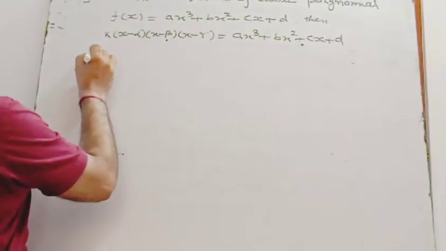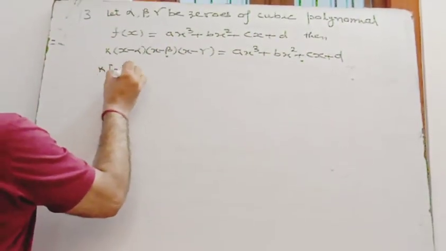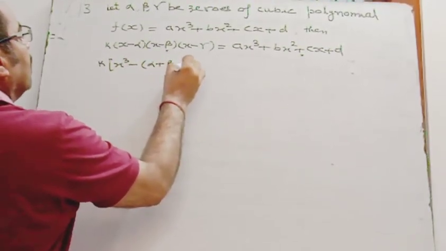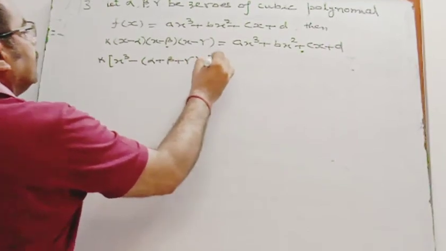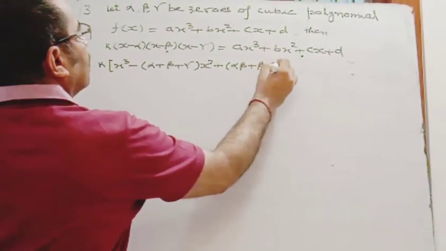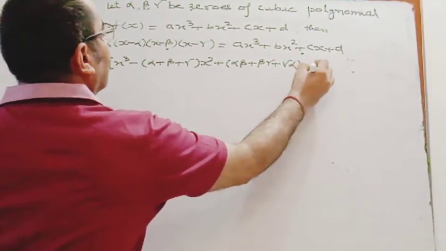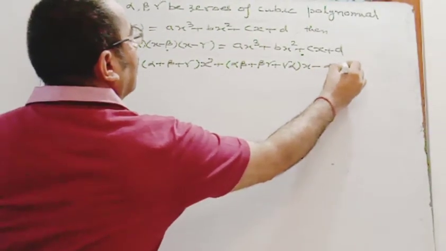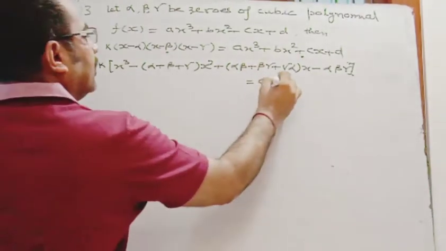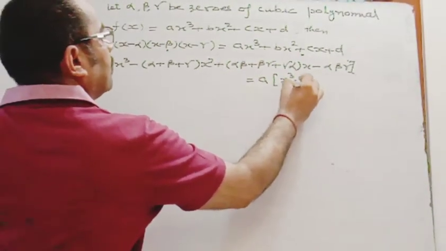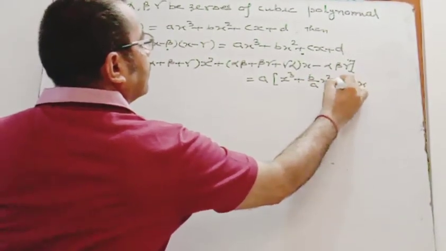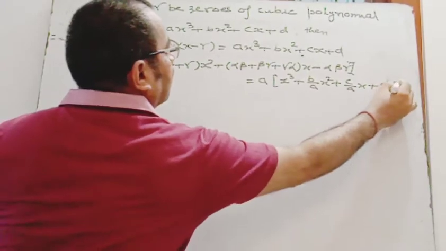On simplifying, k[x³ - (alpha + beta + gamma)x² + (alpha beta + beta gamma + gamma alpha)x - alpha beta gamma], is equal to, taking a common on the right hand side, x³ + (b/a)x² + (c/a)x + d/a.